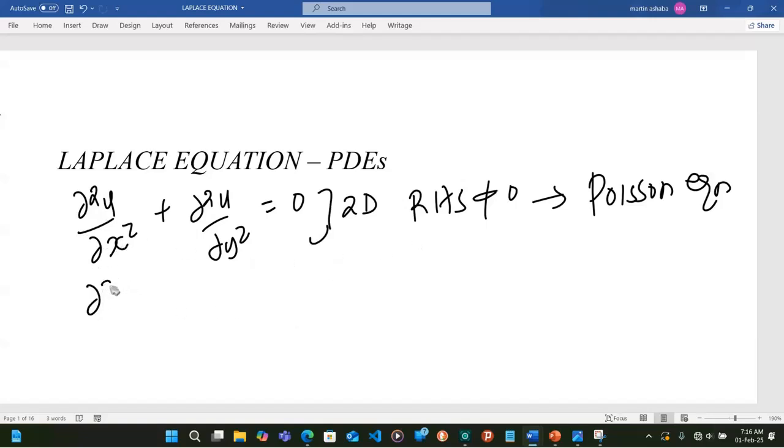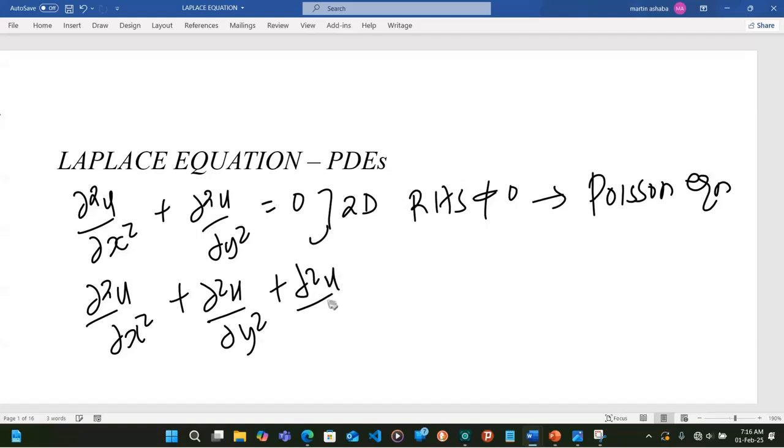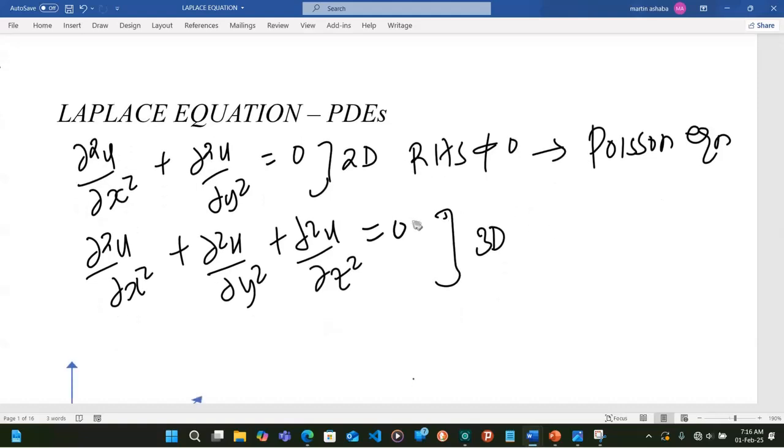So we have ∂²u/∂x² + ∂²u/∂y² + ∂²u/∂z² = 0. This is also the Laplace equation in three dimensions.